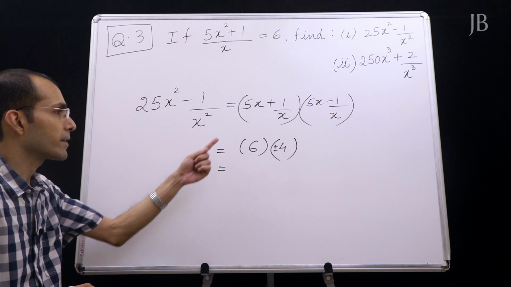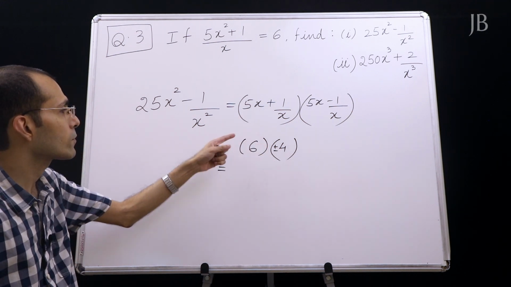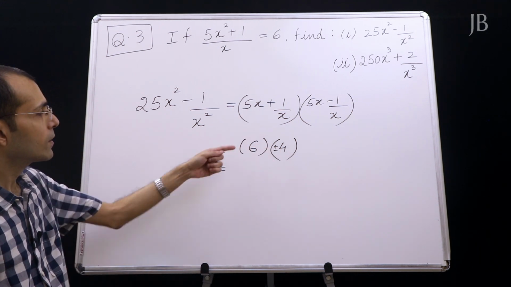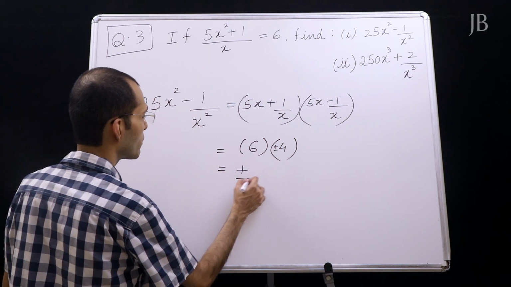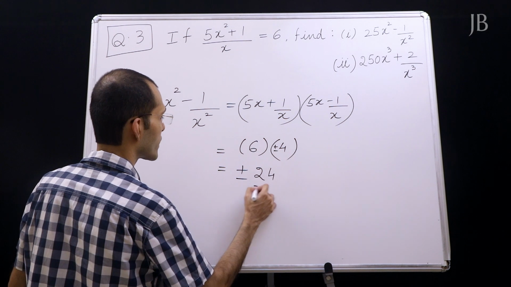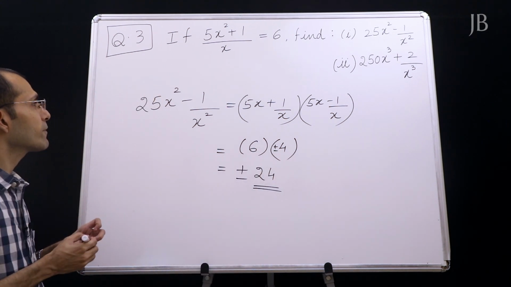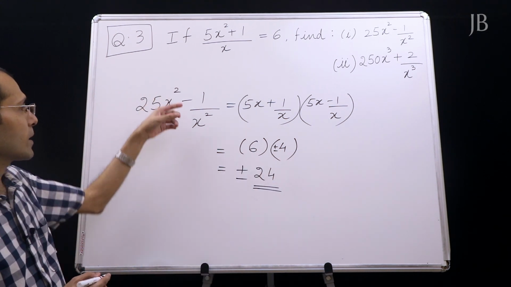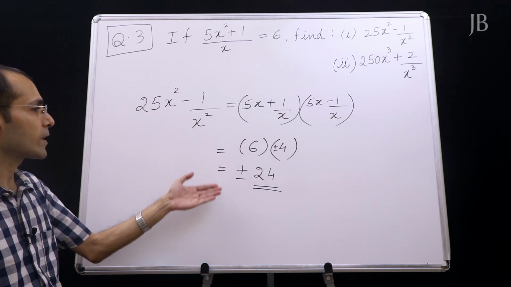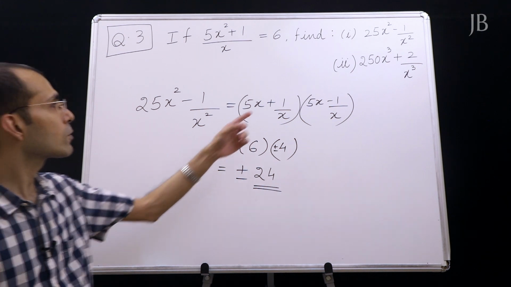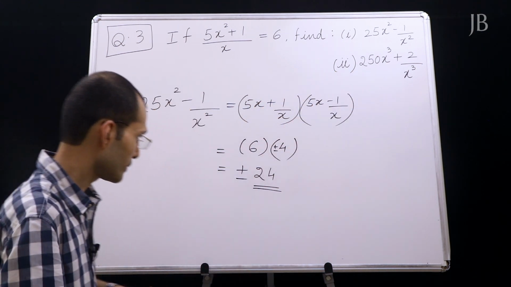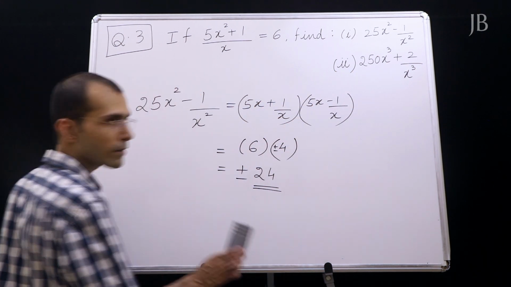So two possibilities, plus or minus 4. So now 6 into 4 is 24, 6 into minus 4 is minus 24. So this would be plus or minus 24. So 25x square minus 1 upon x square, the value has turned out to be plus or minus 24. Now we have to look at this part. So this you are comfortable with?